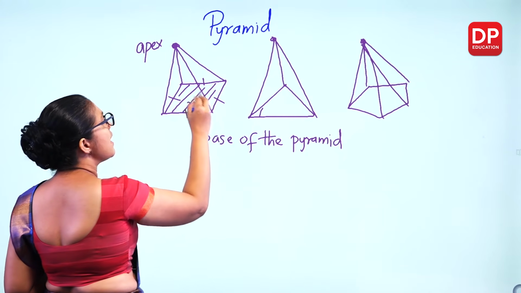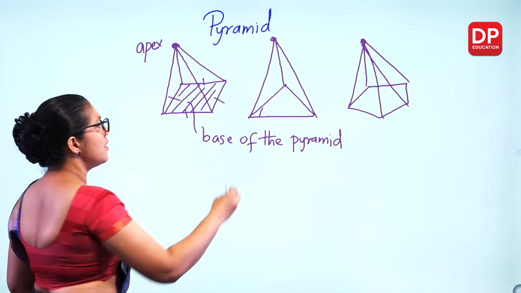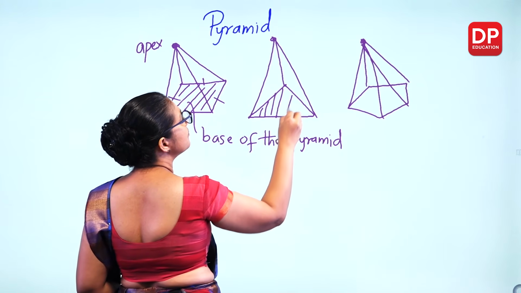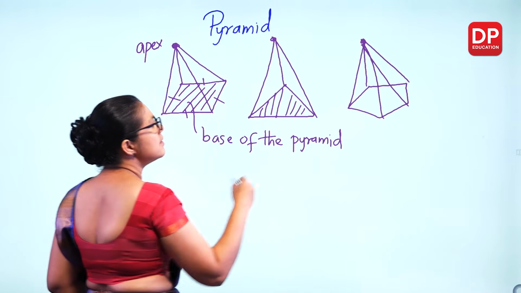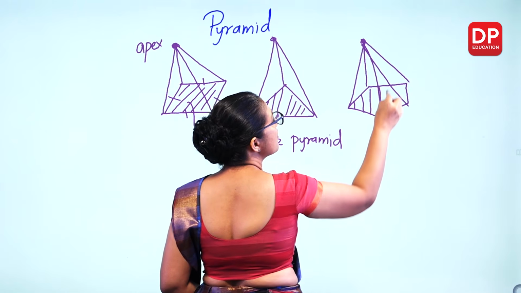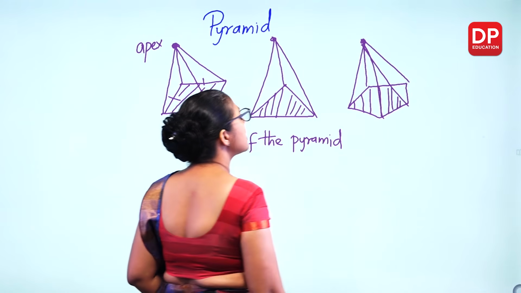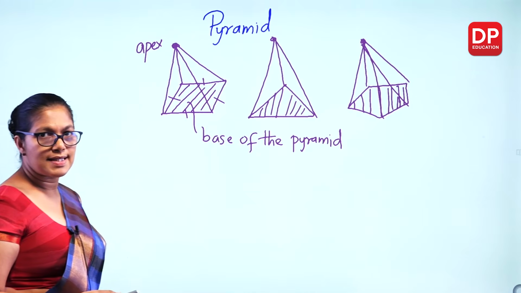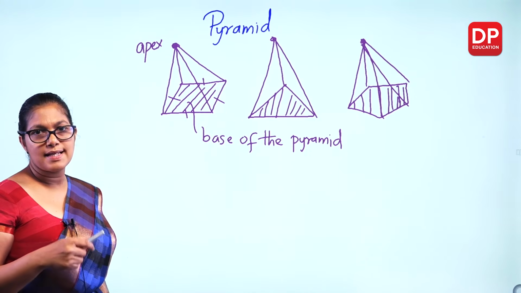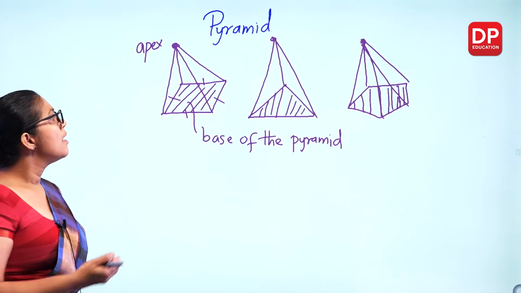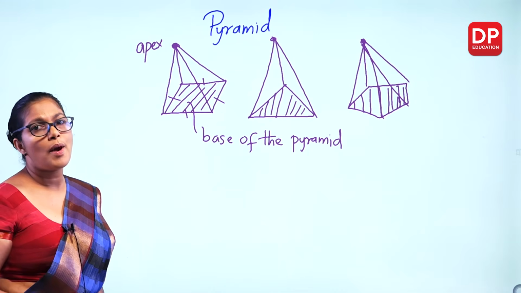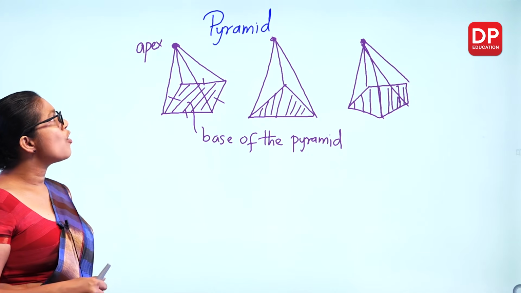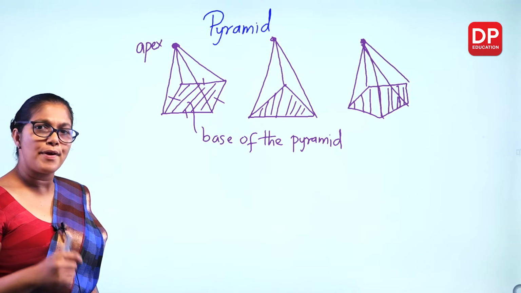So here base is a square, in this one base is a triangle, this is a pentagon. So you can get base as different polygons. But in this lesson we are talking about base is a square. So we are talking about square based pyramids.